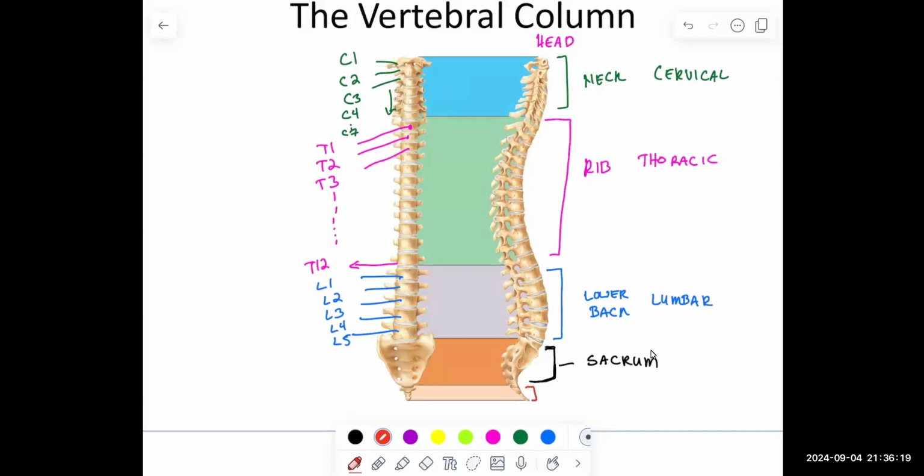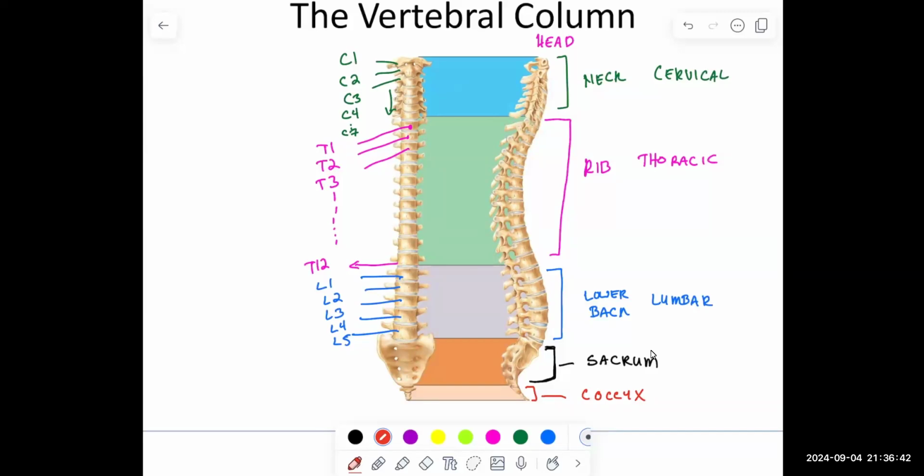Some people will call the sacrum the tailbone, but the true tailbone is the coccyx. Spelling on that one sucks. That's 26 bones. It's more than 10% of all the bones we need to name.